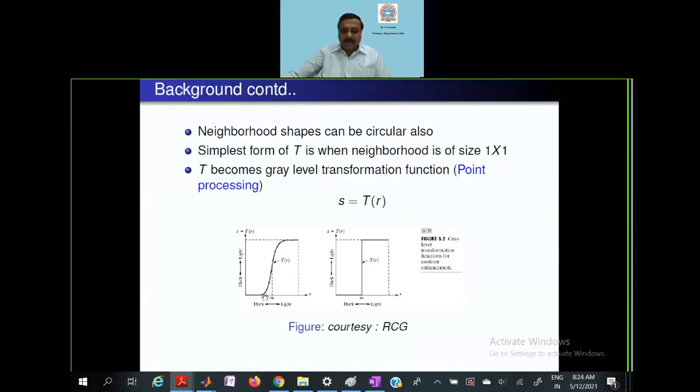Then near the threshold, I will start using this particular curve, and whenever the value increases beyond this, I'll make all of them high. So some pixels will be completely black and some completely white, and whatever lies near the threshold point is pulled towards black here and towards white here.